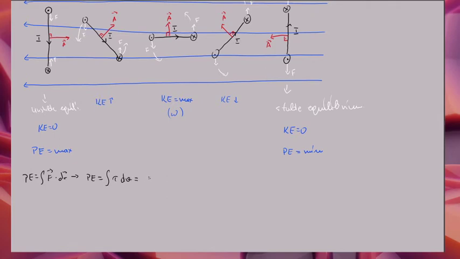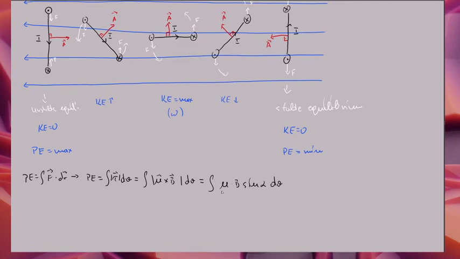Now we have the equation for the torque. Specifically, this would be the magnitude of the torque, and so that would be mu cross B d theta, and that becomes mu B sine alpha d theta.